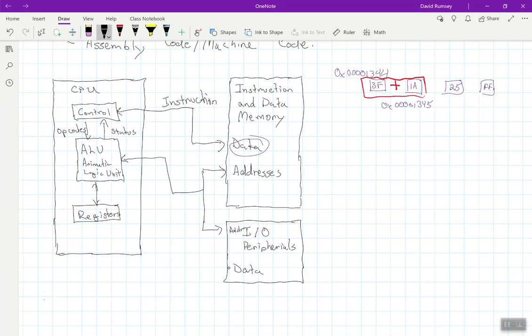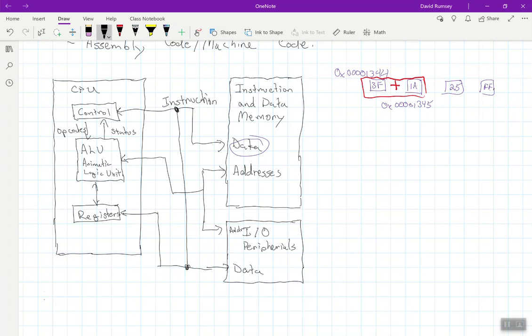But the data here that's coming from this goes straight into the registers, I should say. Or it could be something that's tied as an instruction. Because it might be that there's something that the I/O peripheral is telling us to do, so it might be an instruction as well that we have to carry out.